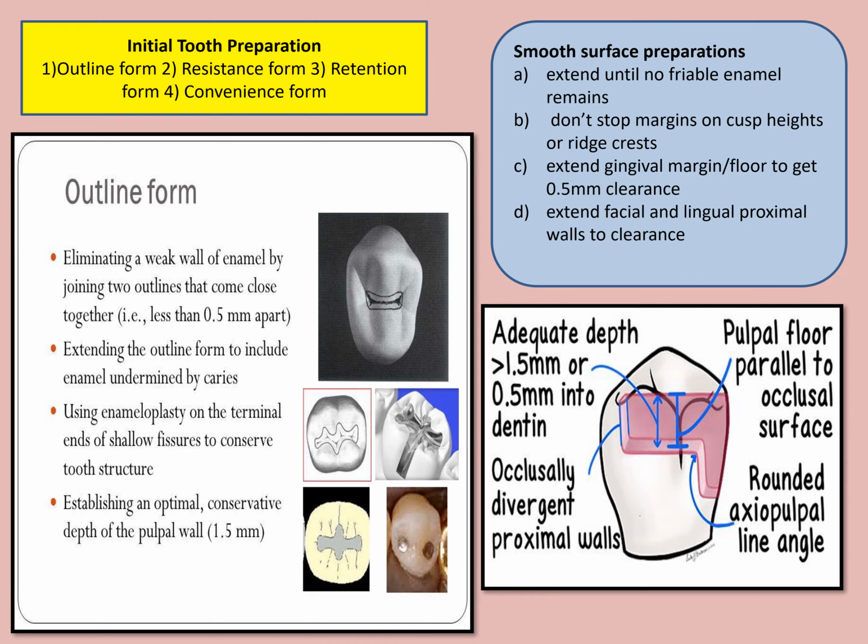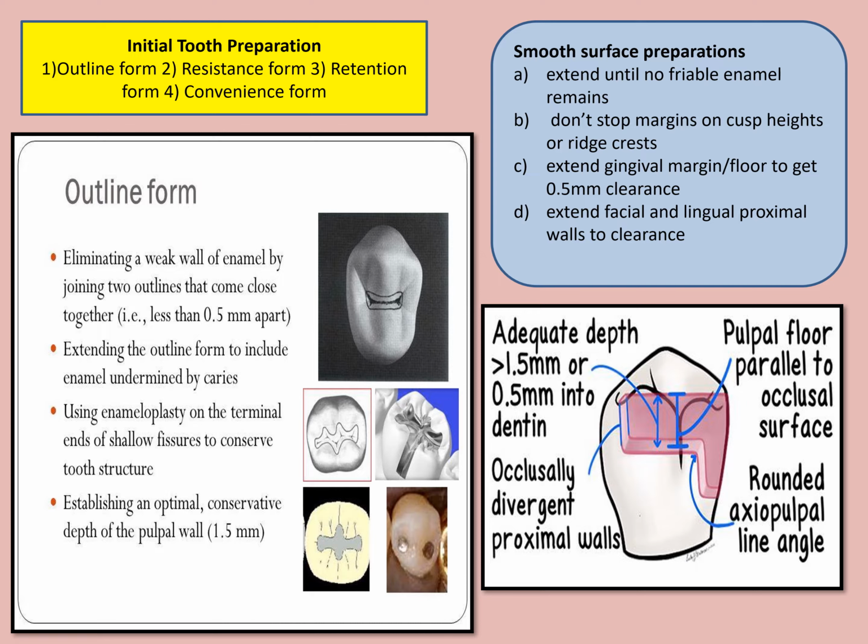Okay, so we can see the initial tooth preparation stage, which has the outline form, resistance, retention, and the convenience form. And you can see how the outline form is being prepared, extending to eliminate a weak wall. You do extension for prevention, especially in amalgam, and use enameloplasty when the fissures are narrow and shallow.